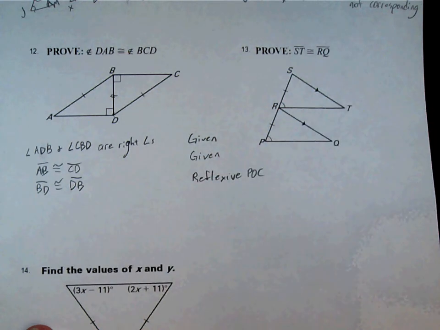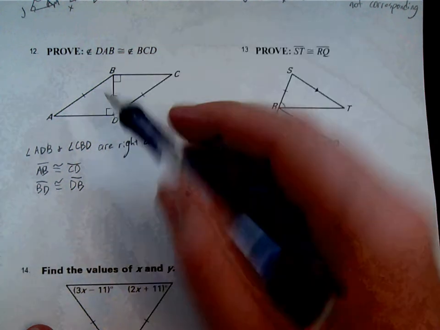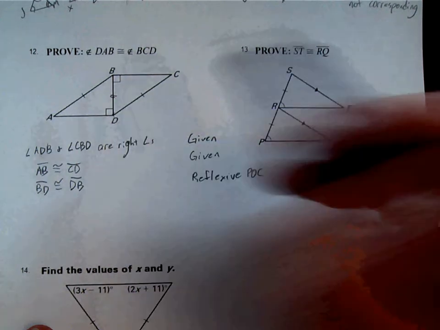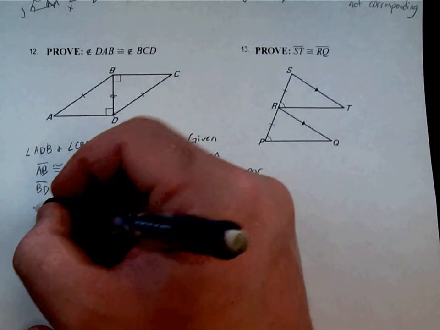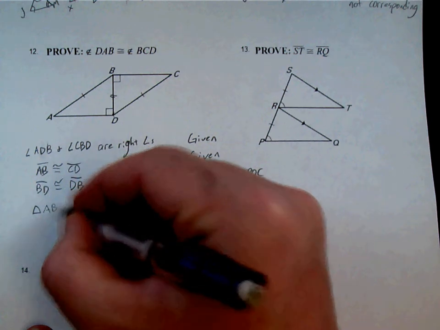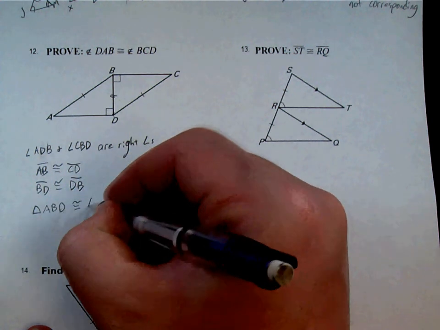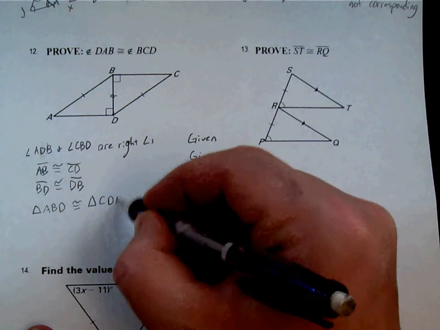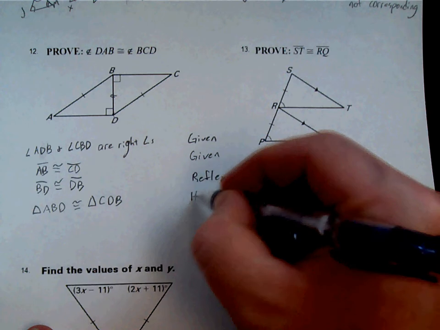So now it looks like I have right triangles. I marked that the hypotenuses are congruent, and now I just need a corresponding angle or a leg congruent. So now I know the triangles are congruent. So triangle ABD is congruent to triangle CDB, and that's by HL.